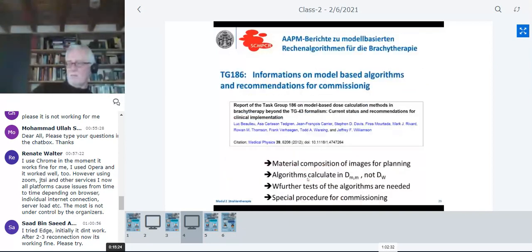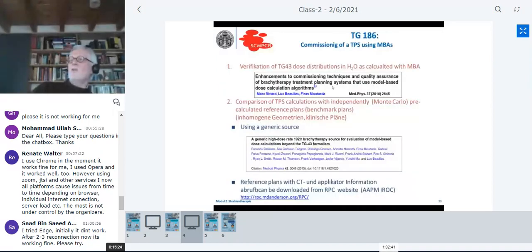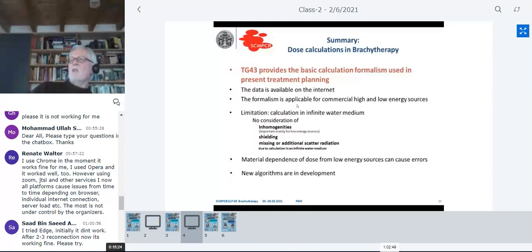Okay, this here is TG43 again, TG186, this report, and these here are 2 reports which show how the commissioning of a model-based algorithm is supposed to be done. I'll skip the rest of this. Okay, and I can summarize with this. TG43 provides the basic calculation formalism used in present treatment planning. The data is available on the internet. The formalism can be applied to all commercial high and low energy sources.